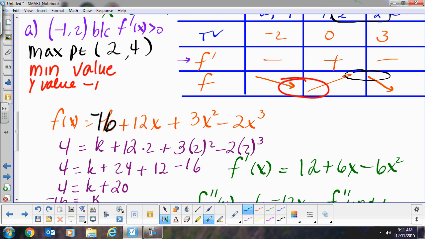So we couldn't have done it at B. We'd have had to do it after C. So we're substituting in negative 1. Negative 16 minus 12 plus 3, and that's going to be minus 2. So that's negative 28, negative 25. How about negative 27? Did anybody get negative 27? Did I mess that up?